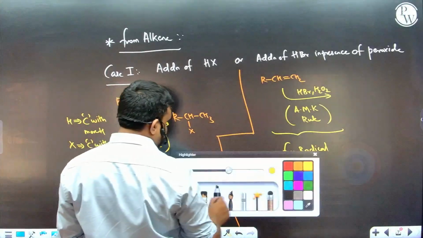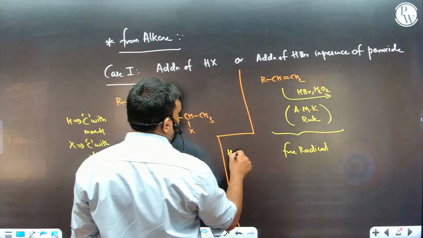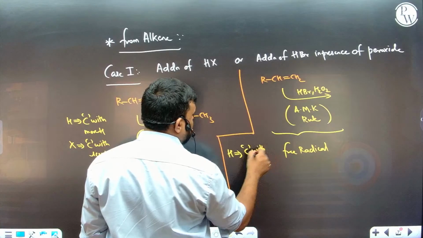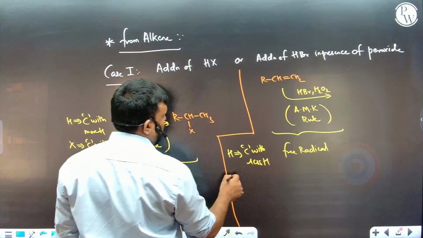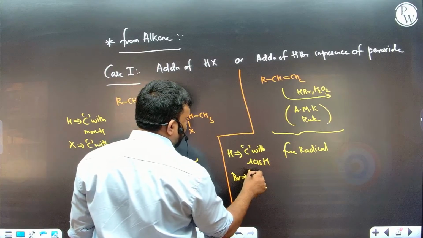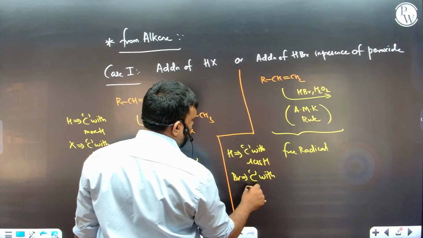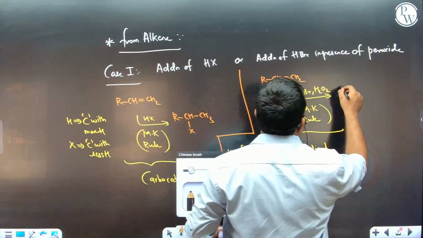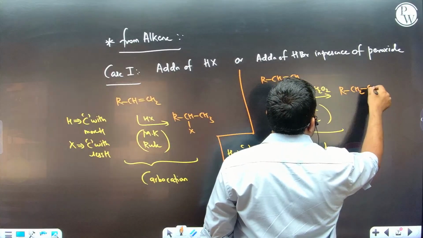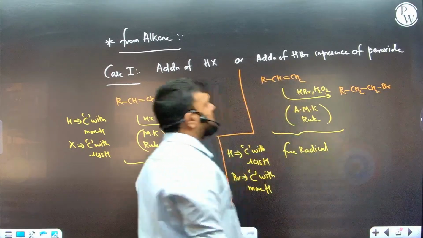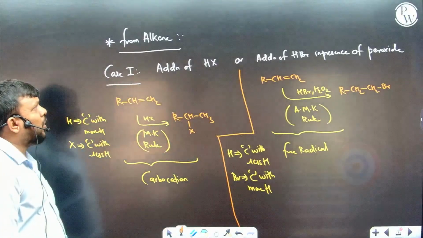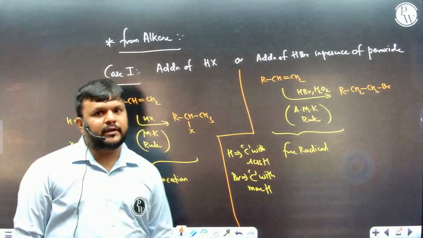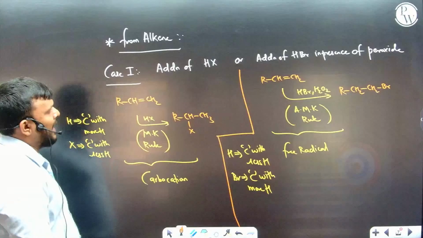The hydrogen addition will be to that carbon having less number of hydrogen, and bromine will be added to carbon with more hydrogen. So what will be the product obtained over here? RCH2CH2Br. So this is the product obtained. This was addition of HX or addition of HBr in presence of peroxide. By this also we prepared the haloalkane over here.